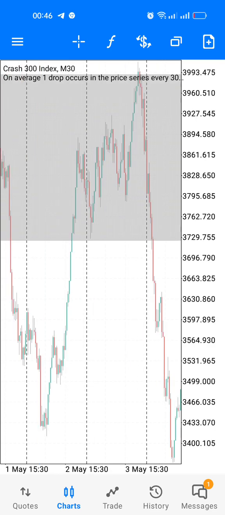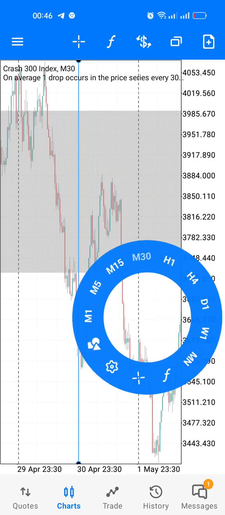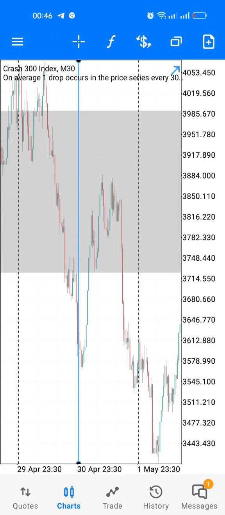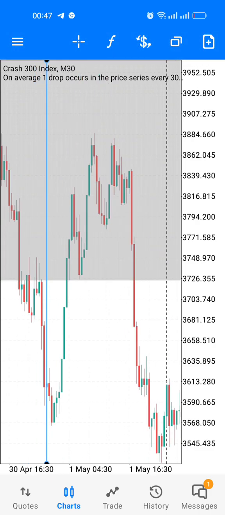So you can see with this one it came back into the zone here, right? Let me try to expand this so that it can be visible.